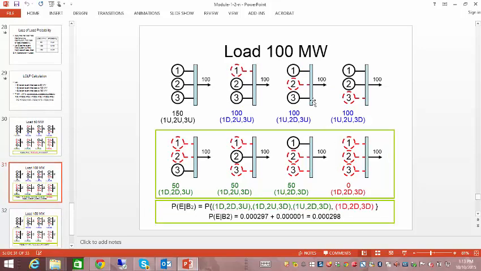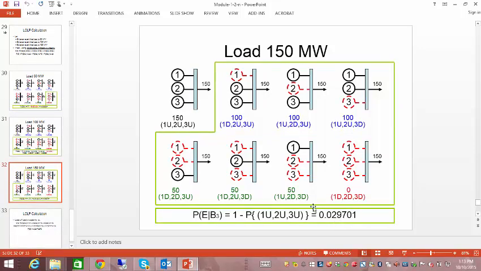For 100 megawatt, the only way we cannot supply load is if 2 or more than 2 generators are down. So that means only one generator is up. So these are the states, and these probabilities we have already found out, so we can use this value over here.